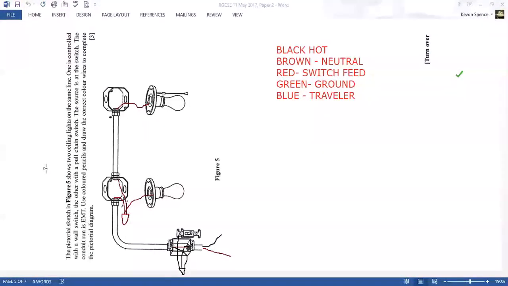Send one to the switch, and we're going to send the next one up through the pipe past the first light, then send it across and connect it to the pull chain. This is the only type of light that will use black directly to it because it has its own switch.